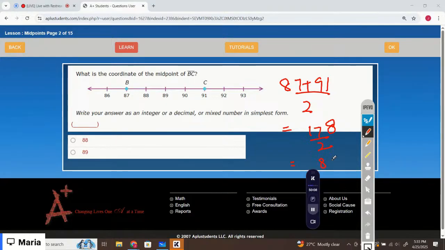That is 89. Option number 1 is the correct option. Option number 2 is the correct option.